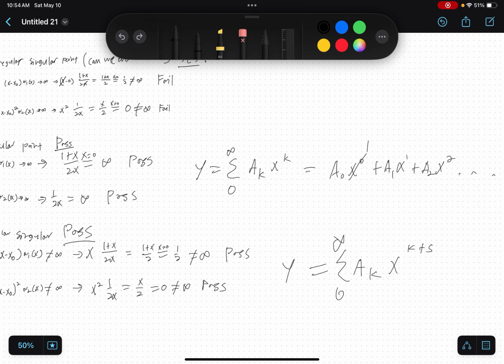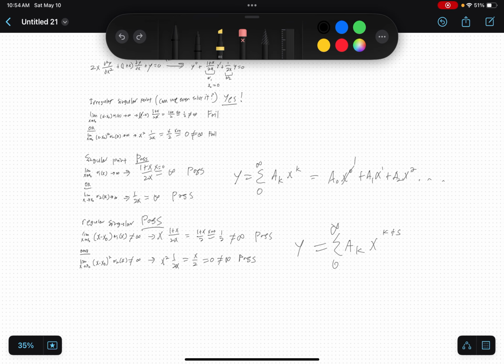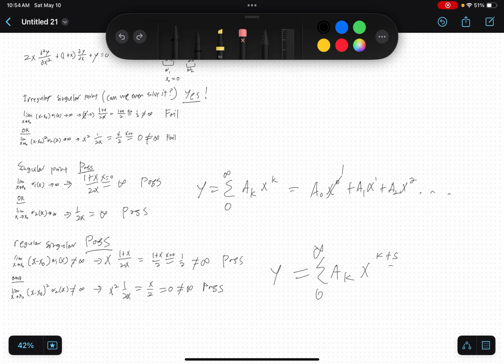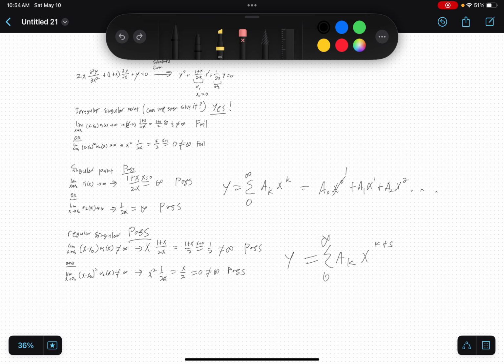There are multiple solution points, and you have to account for that by adding s. The concepts of this whole problem-solving method are very easy. The math is a lot of algebra, and you can mess up very easily. Adding another term to the exponent just makes you more likely to mess up. So you've got to be super careful.